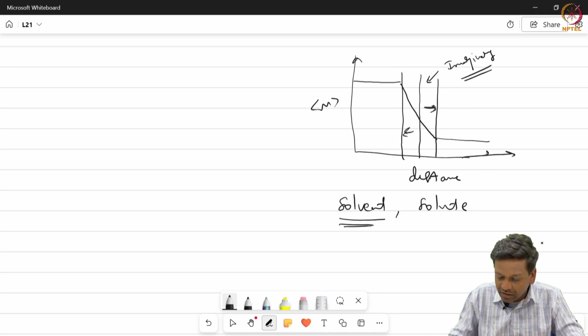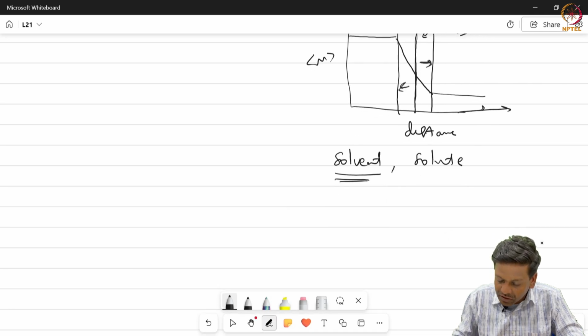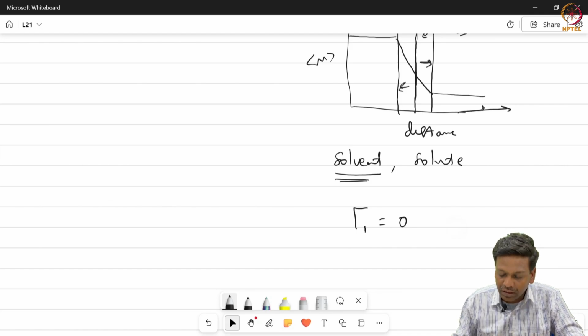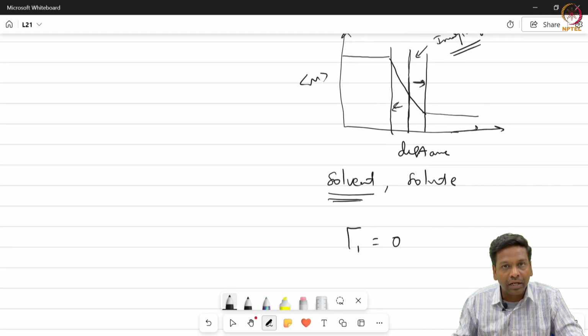In such a case, it is easy to locate the midpoint so that there is no positive or negative surface excess, so there will be no net surface excess. So one can say that the surface excess for the solvent in that case is 0.